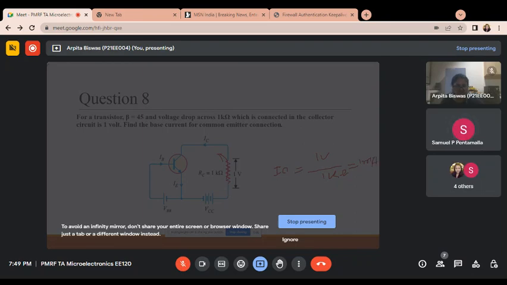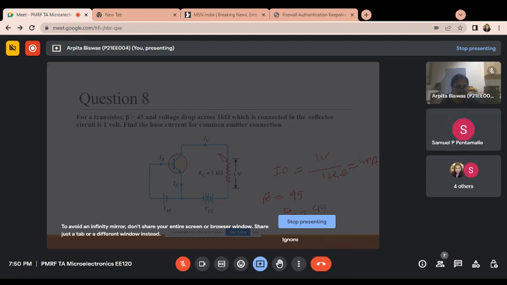Okay, this is clear. And then we have to find out the base current. Here beta is given, 45. So beta equals IC by IB, with IC being 1 milliamp and beta 45.